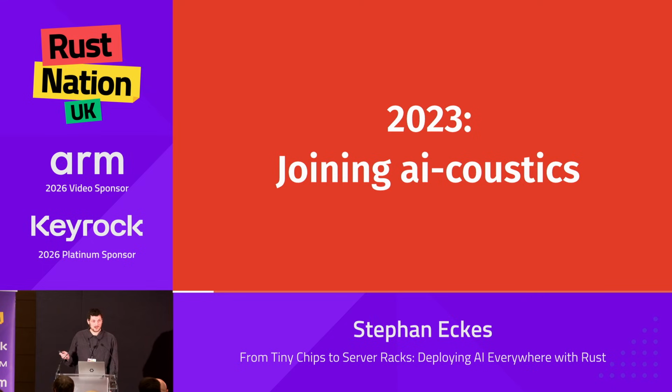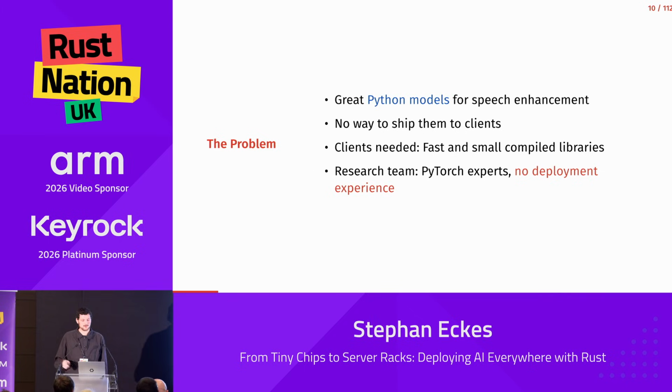So in 2023, I was joining ai|coustics, and their problem was they had great Python models for speech enhancement, but they didn't know how to ship this to clients. They were all Python developers, and the clients needed to integrate this into a real-time system. They needed fast and small compiled libraries, and they didn't have this deployment experience.